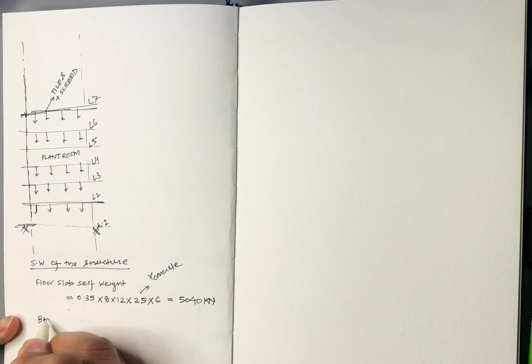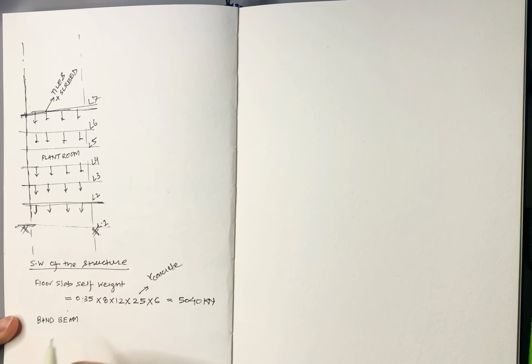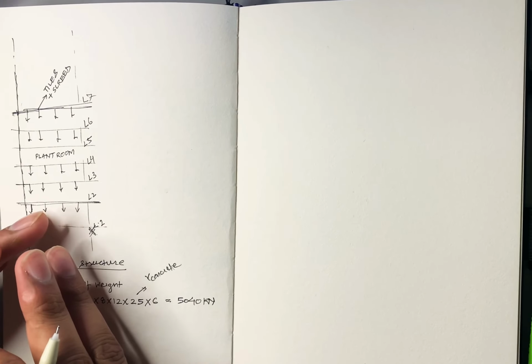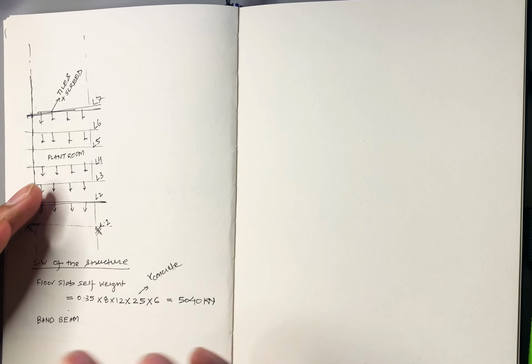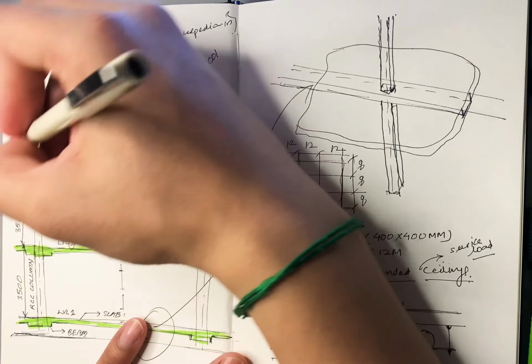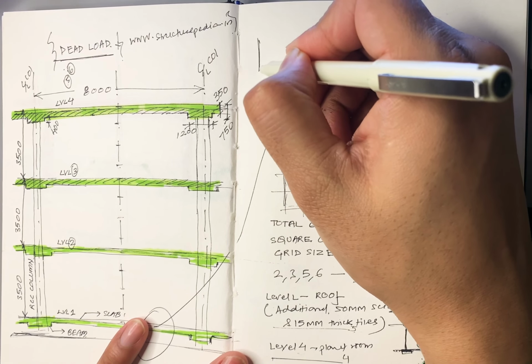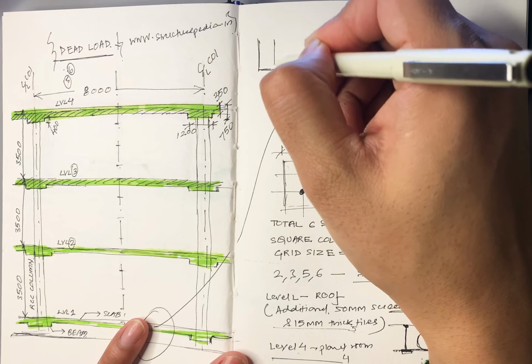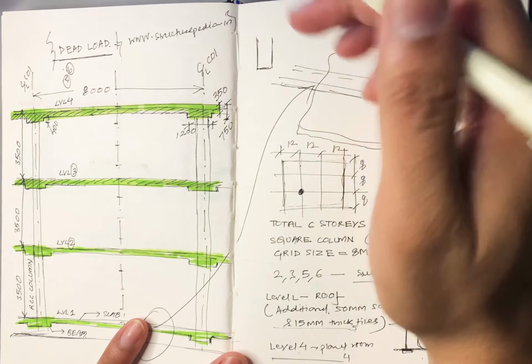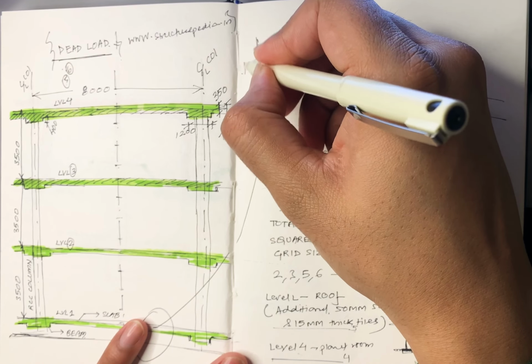And this is the band beam. You know why we call it a band beam? Because the width is bigger and the depth of the beam is smaller. You see how I have drawn this. Generally people draw the beam like this with a huge depth and small width. This is a normal beam, but with a band beam, the width is bigger and the depth is small.